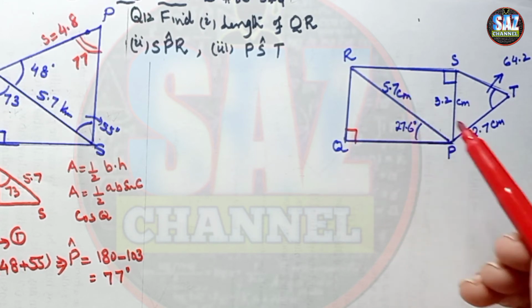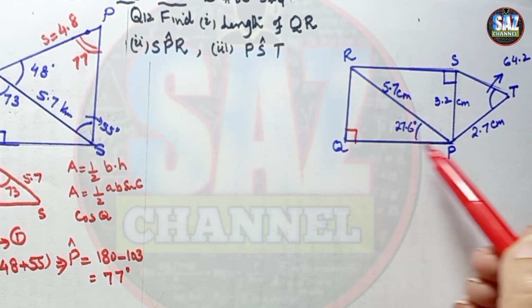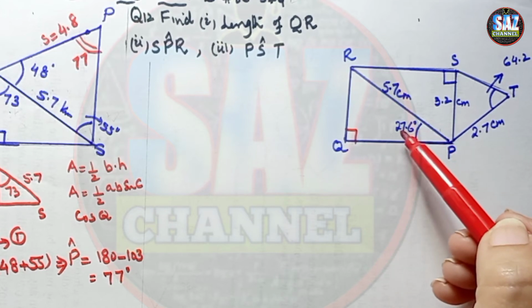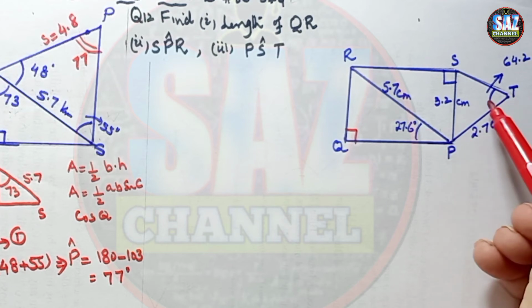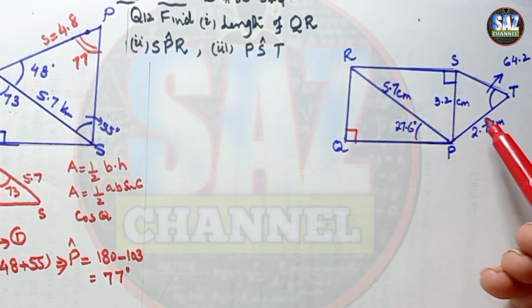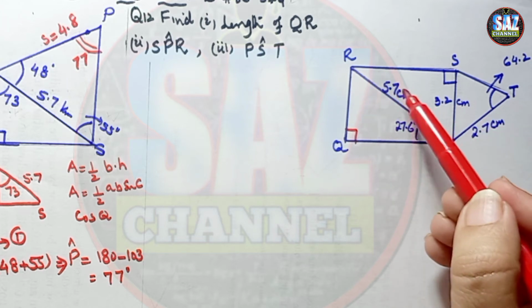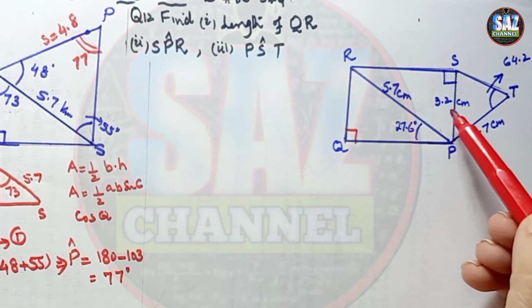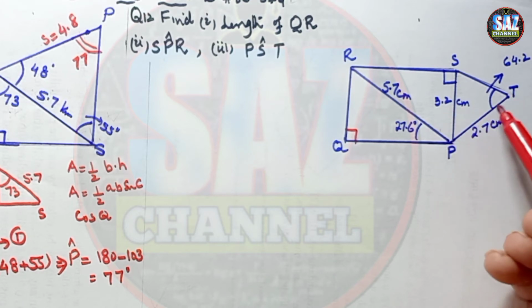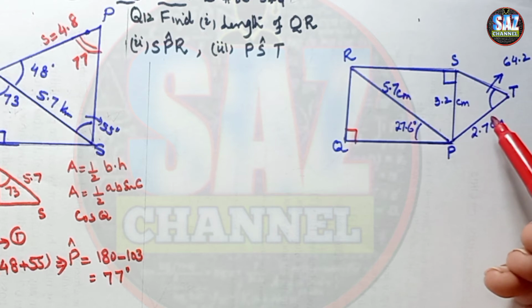Angle QPR is 27.6 degrees. Angle PTS is 64.2 degrees. PR is 5.7 centimeters. PS is 3.2 centimeters, and PT is 2.7 centimeters. We have to find the length QR.